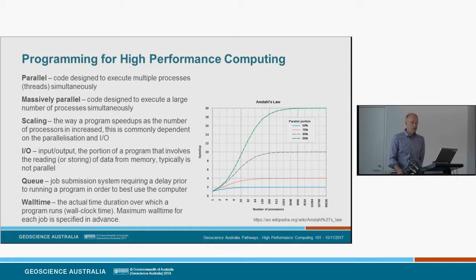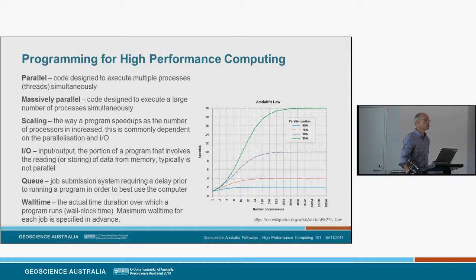Now, to see how well something is parallelized or how efficient it is on a supercomputer, you can do something called profiling, and that allows you to see how the speed-up of the program changes as you increase the number of processors that you use.